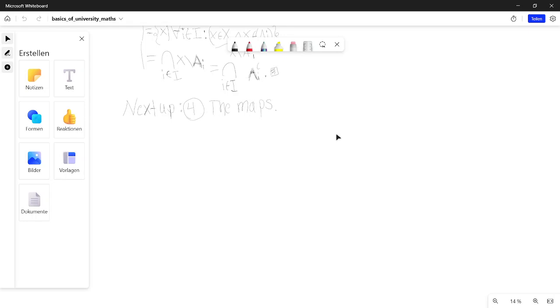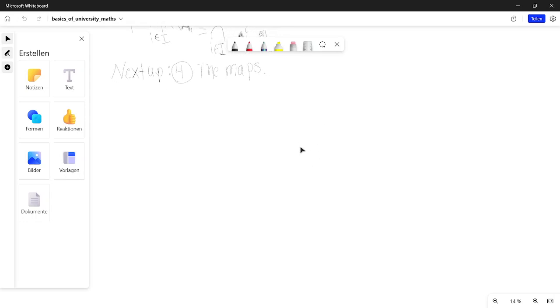It's difficult to describe in words exactly, but this is an approximate description. Having that in mind, we start the last topic of the very preliminaries of university maths, that is the maps.